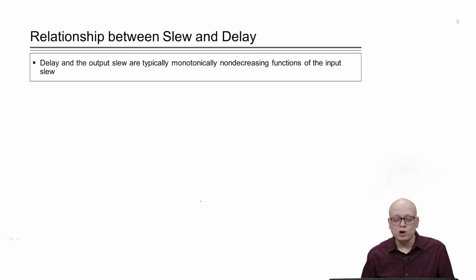So, when we consider slew propagation, fortunately there is a property of CMOS logic gates which allows us to efficiently manipulate slews in slew propagation. And what is that property?